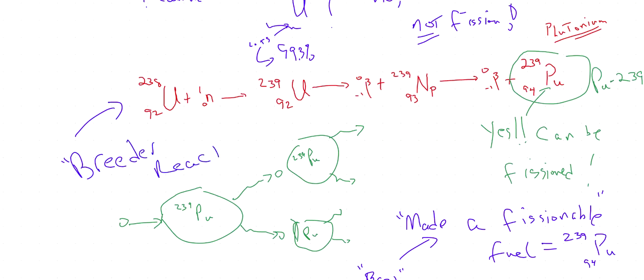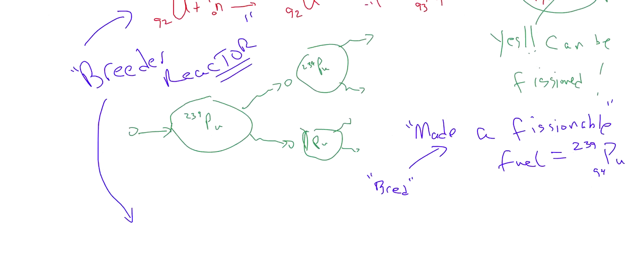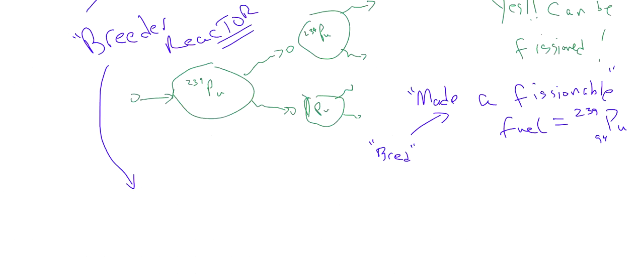plutonium-239. Okay. Now, if we use breeder reactors and use the plutonium, remember the plutonium-239 came from the uranium-238. But remember, this was 99.3%.